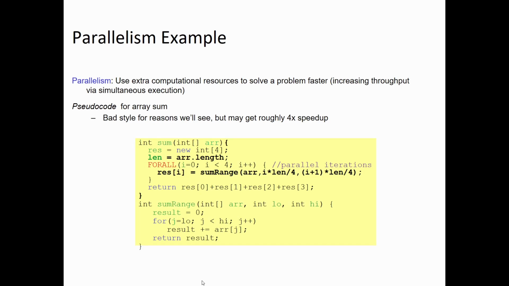The problem is to sum some elements in the array. We have the array and we want to sum the elements. If the sum range is run in parallel somehow, I will show you slightly later how to do it in Java, then there is a big chance of a speedup. You have to sum a huge array, just imagine 1 million elements.